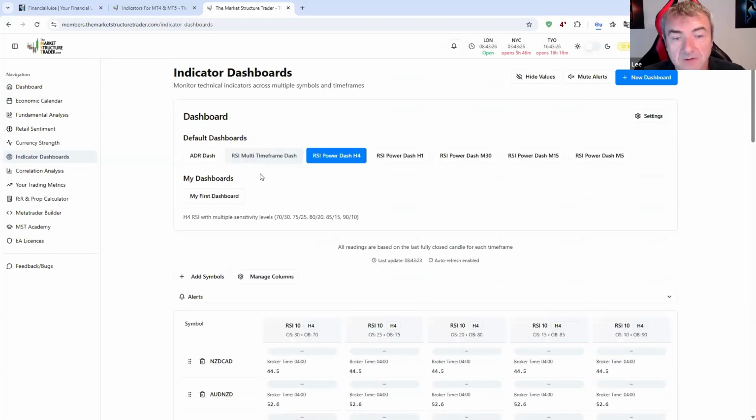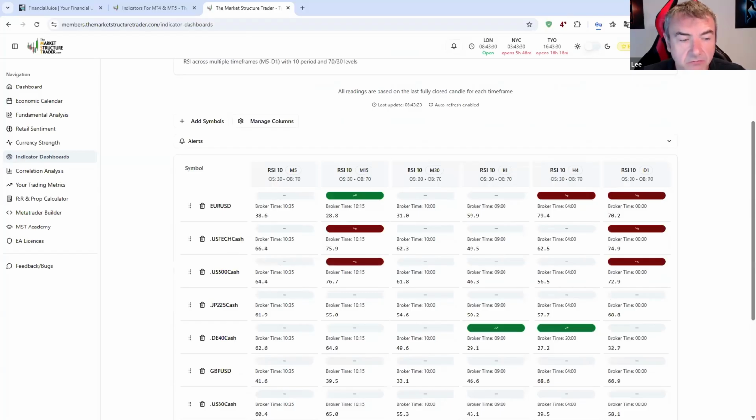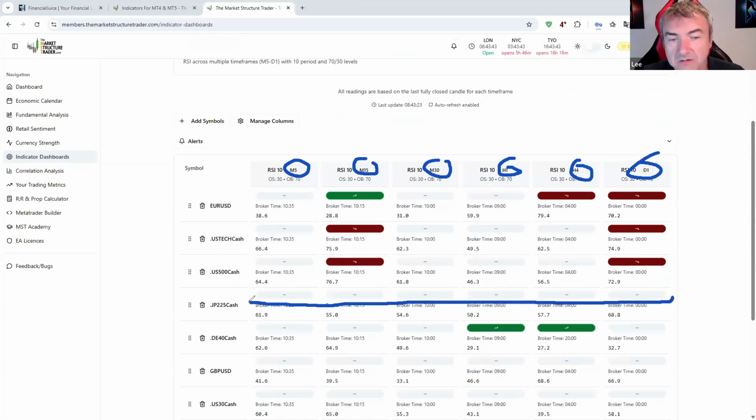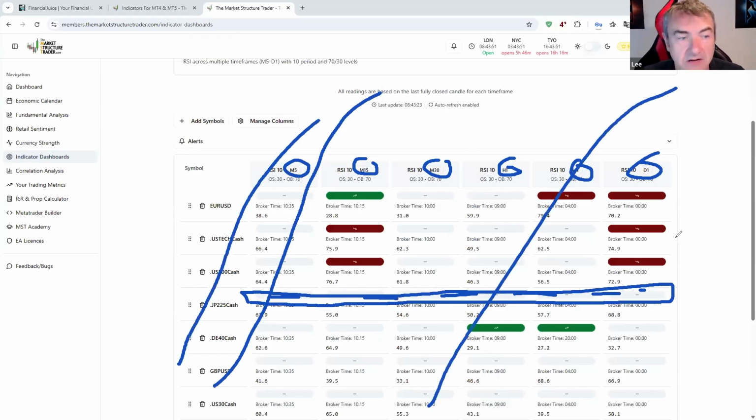We've got the multi-time frame dash. What this one does is it monitors multiple time frames at once. As you can see here, we've got the 5-minute time frame, the 15, 30, the hourly, the 4-hourly, and the daily. If you've got something where everything is lit up in the same direction, so everything is red, it means that you are right at the peak of a long-term and a short-term push in one direction.